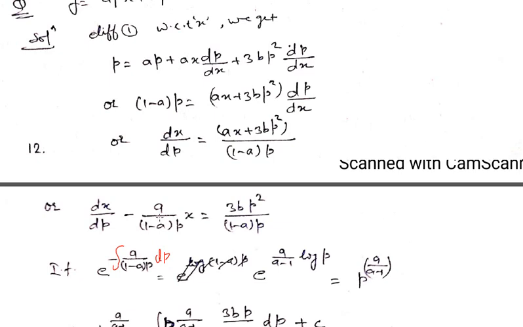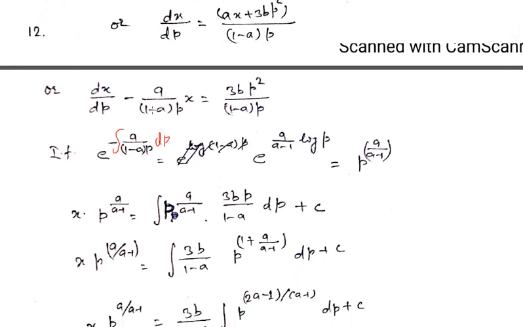So we get the integral of exponential of minus a upon 1 minus a p dp. Its integration gives exponential of a upon a minus 1 log p. Taking minus outside, here we get a upon a minus 1, and the integration of 1 upon p with respect to p is log p. So we can rewrite it as p raised to power a upon a minus 1.